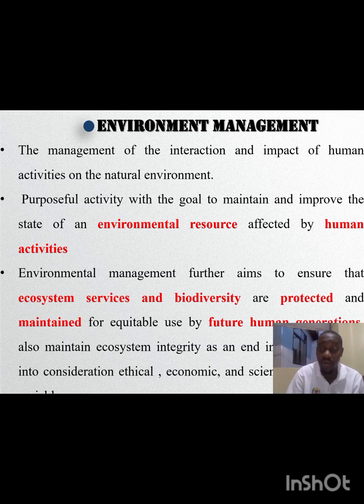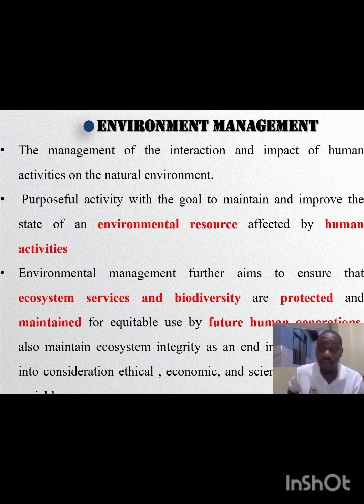So you have to identify the problem. And how do you identify that? We might get different sources of information that there's a problem somewhere, that an environmental resource has been affected.